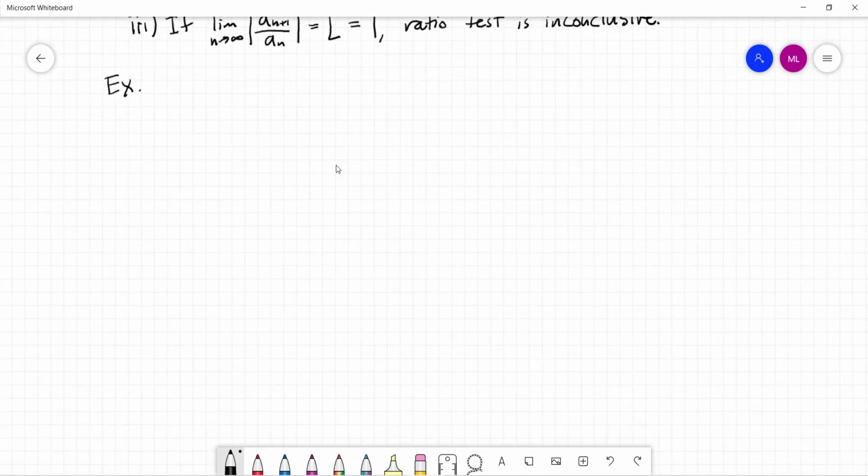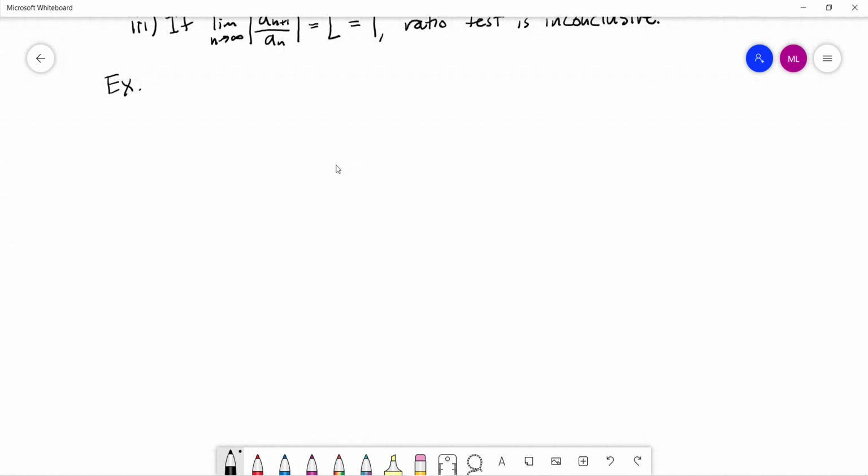Let's do an example. I want to determine the convergence of the following. Let's do the sum from n equals 1 to infinity of n factorial over 5 to the n. So this is my a sub n, that term right there.